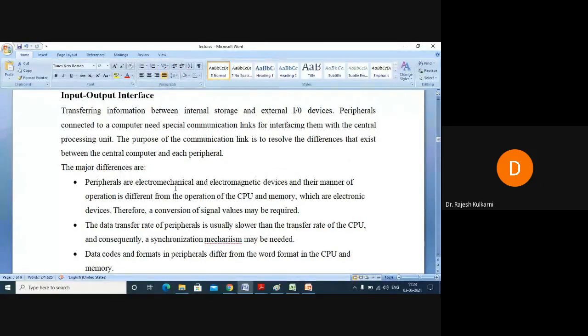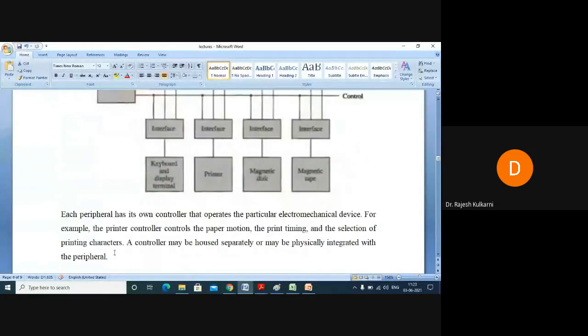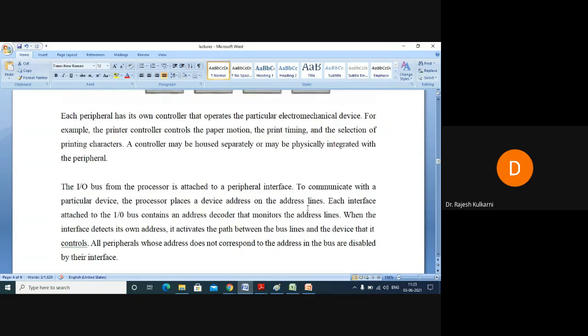Peripheral devices are electromechanical, electromagnetic devices, while the CPU is an electronic device, and hence this interface unit is required for communication between the CPU and peripheral device. As there are differences between the CPU and peripheral devices, the CPU will be talking to these peripheral devices through the interface units.